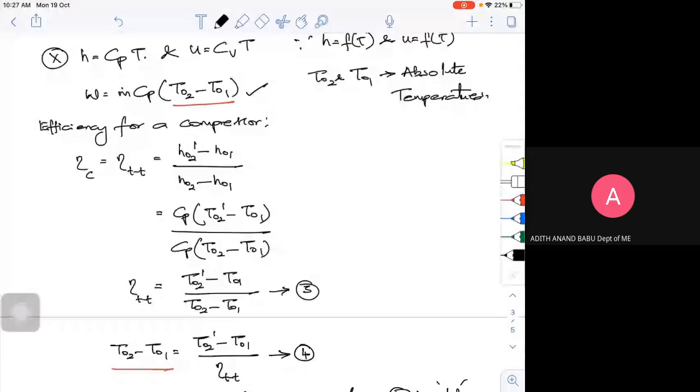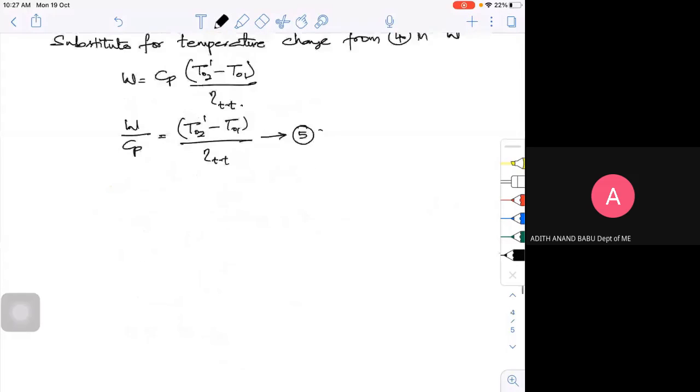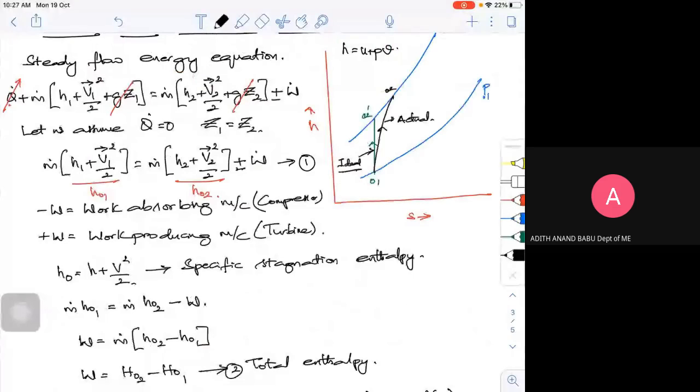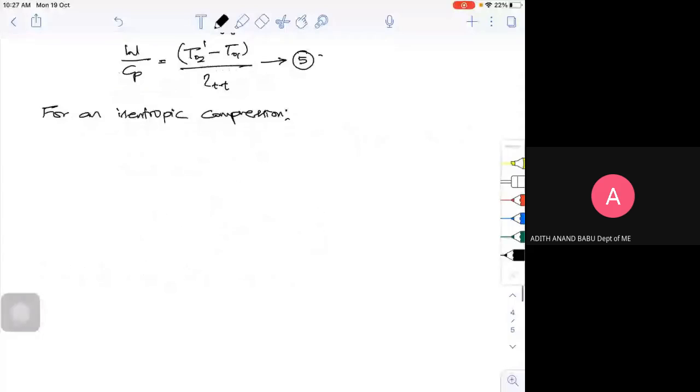So now, if you go back and see your temperature expression from the adiabatic process, for an isentropic compression from the thermodynamic relation, I have an expression, hope you remember: T2 by T1 is equal to P2 by P1 whole to the power of gamma minus 1 by gamma.